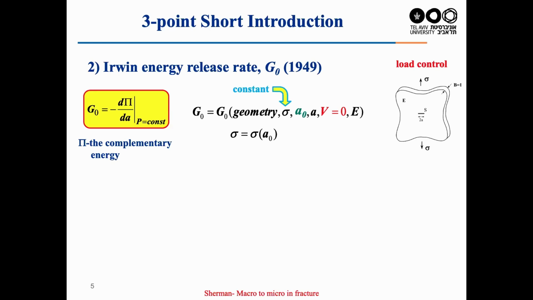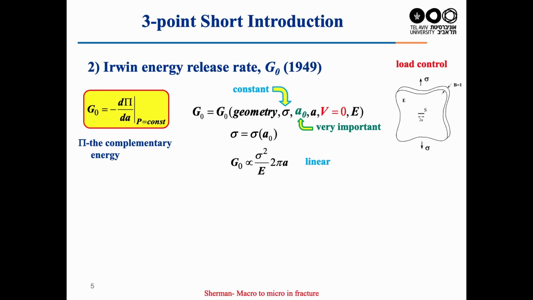Sigma is constant. It is load controlled, under constant load because the loading has no time to change during very fast crack propagation. Another issue is that a naught is very important also. Sigma itself is sigma of a naught.